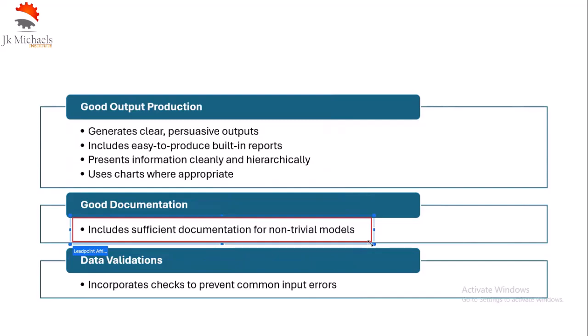And then, of course, we have data validation checks. A good model incorporates good checks to ensure that input errors are not there. Let me explain what this means. If you go to the part of the spreadsheet called Data and dig down into that section, you see data validation.